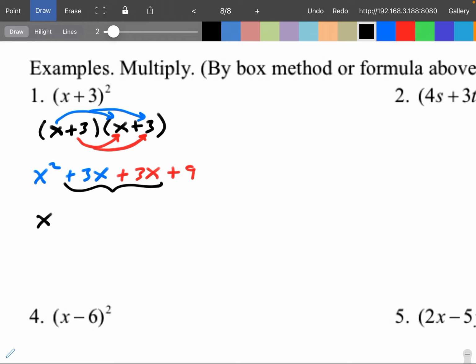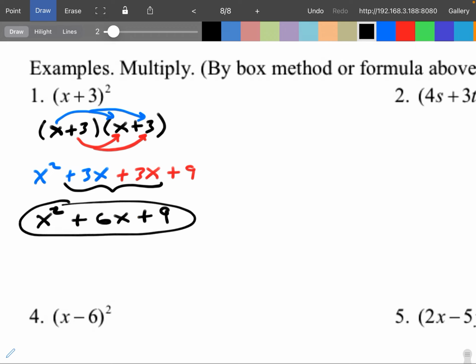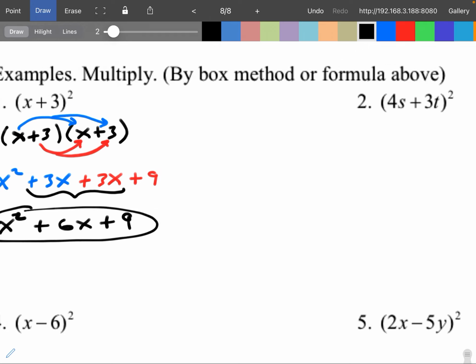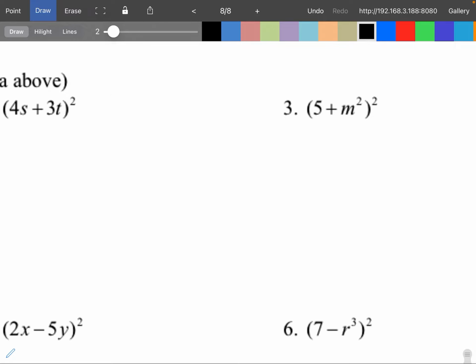So then we end up with x squared. Well, what's 3x plus 3x? Yep, that's a positive 6x. And then plus 9. And that's it. So nothing new. We already did this on Wednesday. This is just a special case of what we already did.